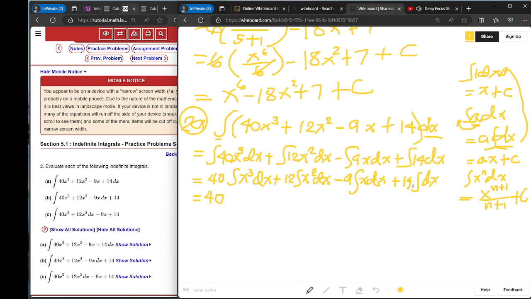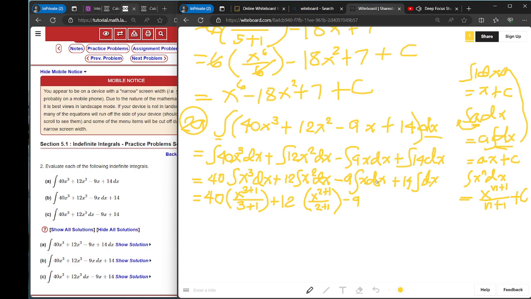If there are a lot of terms, we can add c at the last part. So this will become x to the power of 3 plus 1 over 3 plus 1, plus 12 times x to the power of 2 plus 1 over 2 plus 1, minus 9 times x.